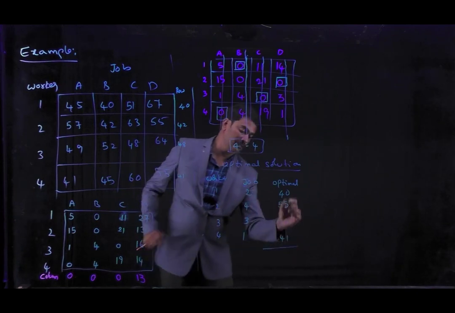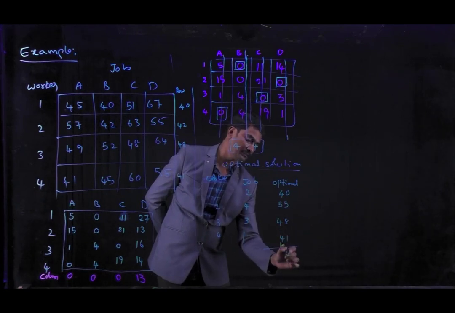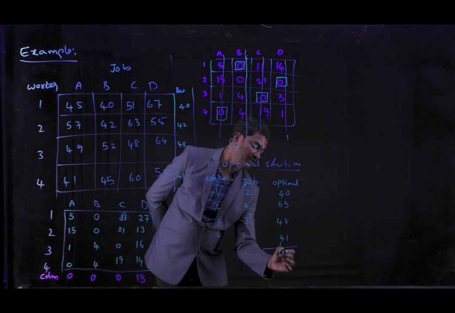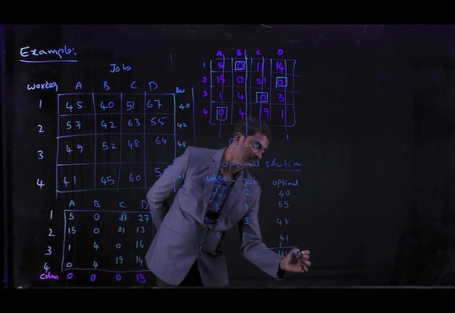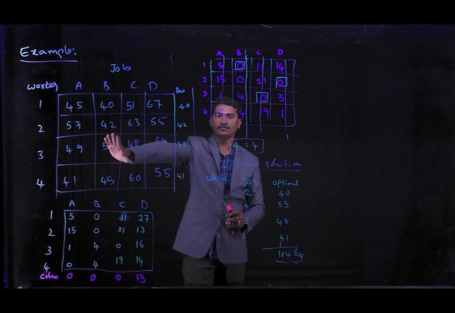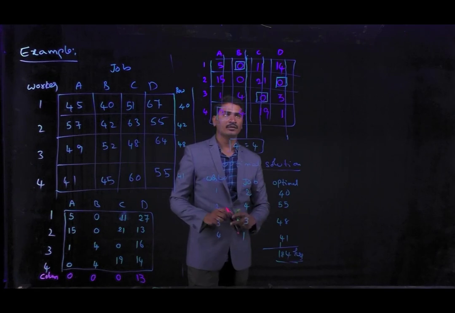Okay. The total hours are 184 hours for completing these 4 jobs by 4 men. They are going to perform the operations in 184 hours.